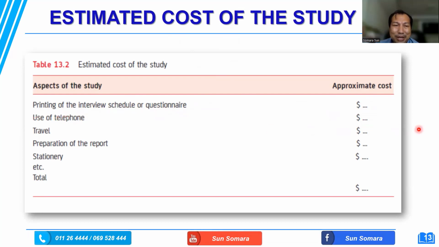Use of the telephone, how much? Report preparation, stationery, etc. If in some cases you collect data in different provinces, you may need research assistants or data collectors to travel, so you also need to spend money. So besides time, you also need to spend money as well. You need to plan carefully, right?